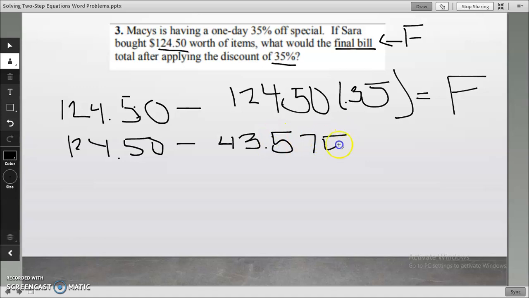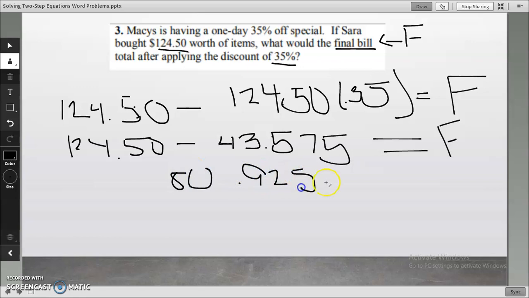I know we don't have 3 decimal places when it comes to money, but let's keep it to be as accurate as possible, and then we can drop it off at the end. Okay, so we go ahead and subtract that, and I get $80.925.